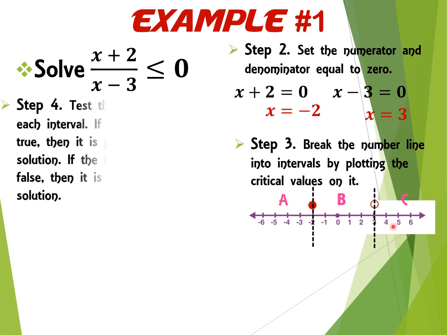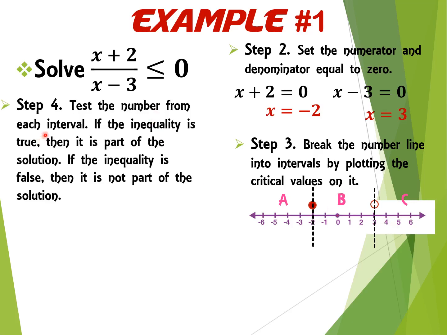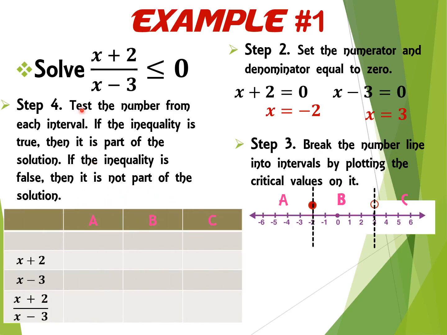Now for step 4, test a number from each interval. If the inequality is true, then it is part of the solution. If it is false, then it is not. Let's have it in a table: x + 2 the numerator, x - 3 the denominator, and then the whole rational inequality. For partition A, you select any point here, for example -3. Substituting, -3 + 2 gives -1, and -3 - 3 gives -6.